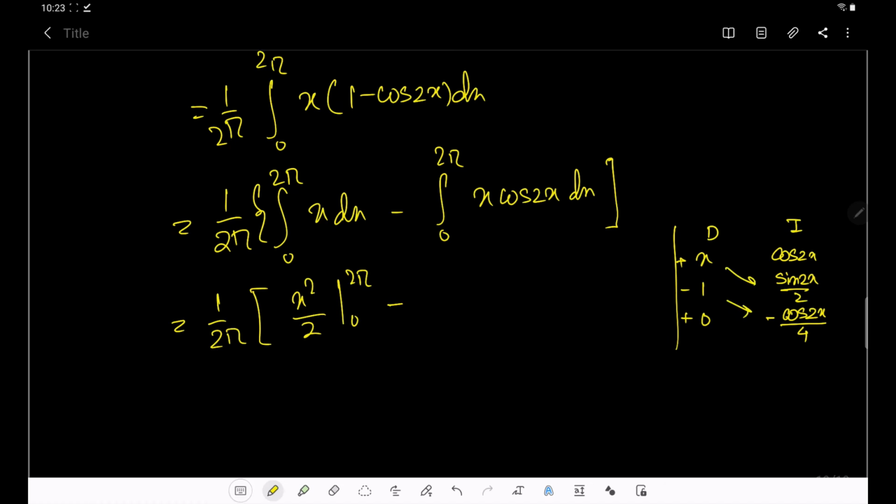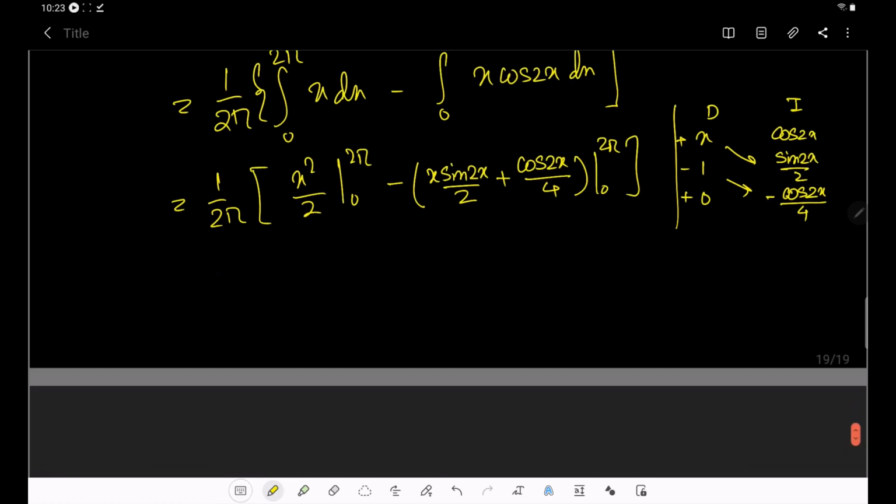So let's write here x of sine 2x by 2 and minus, minus, plus cos of 2x by 4, and the limit is here. 1 by 2 pi, and that would be 4 pi square by 2, minus of, it will be 0 for sine 2 pi.